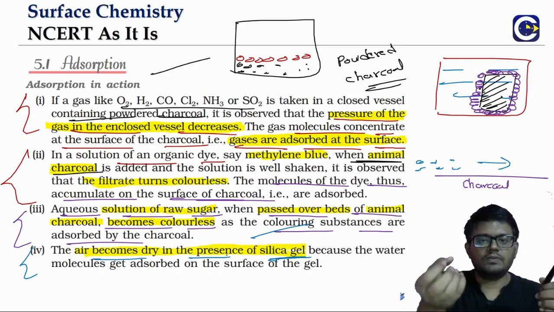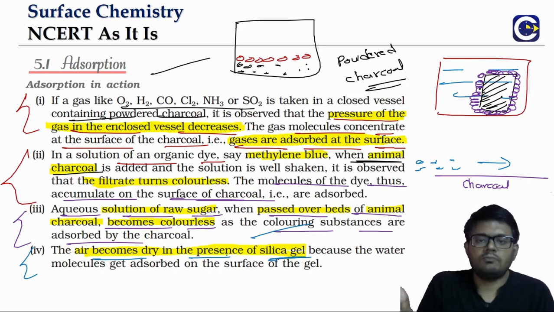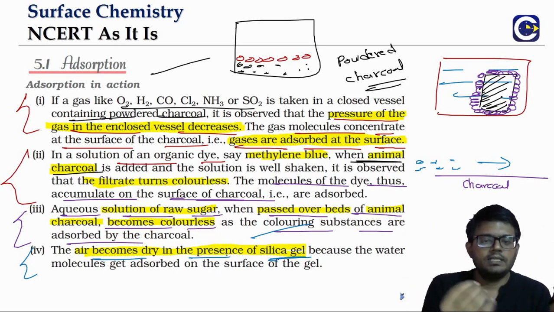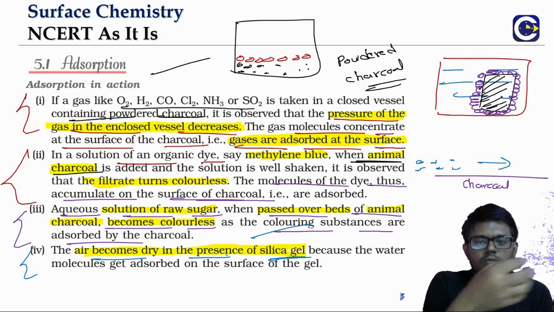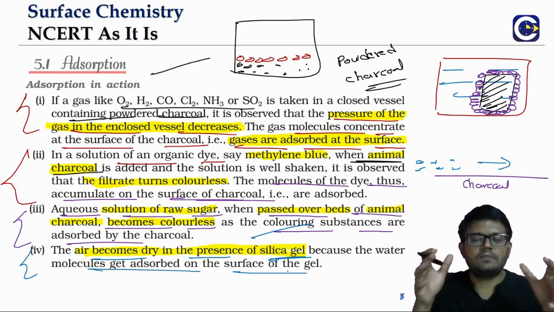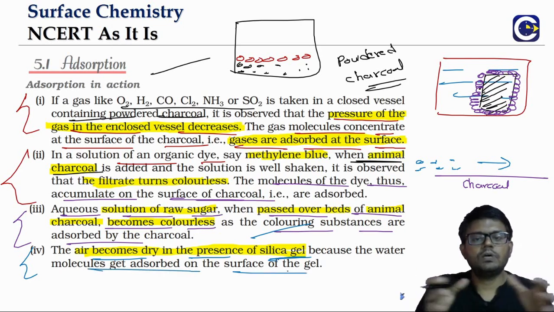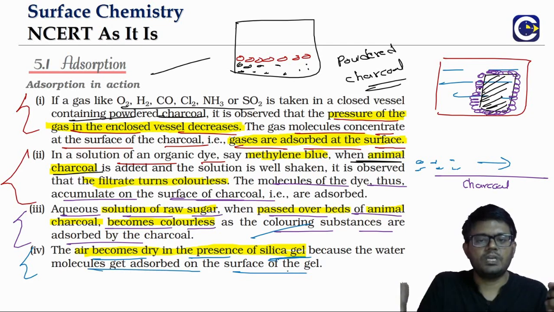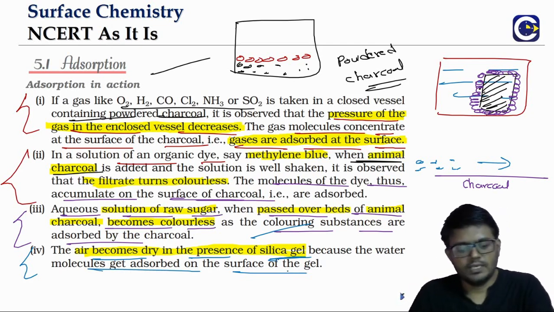Normally air will have moisture, right? So the silica gel will remove the moisture from the air, and those water molecules will be adsorbed on the surface of the silica gel. So this is how the silica gel packets, when you keep them inside, maintain a dry air environment. This is something that we commonly observe.